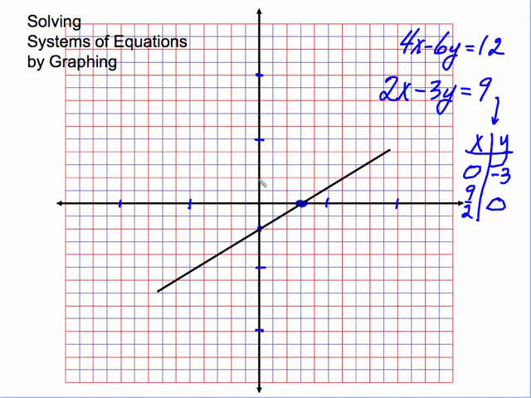So let's graph those 2 points. 9 halves is about 4.5, so 4.5 would be right there. And 0, negative 3 would be right about there. And let's draw the graph of this line, and we'll just extend it.